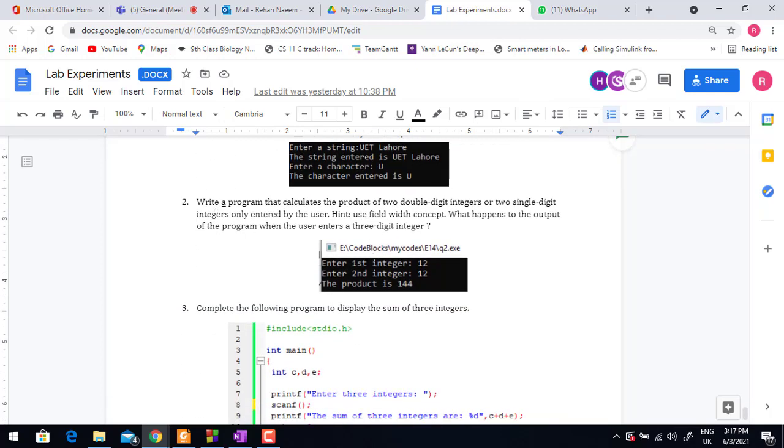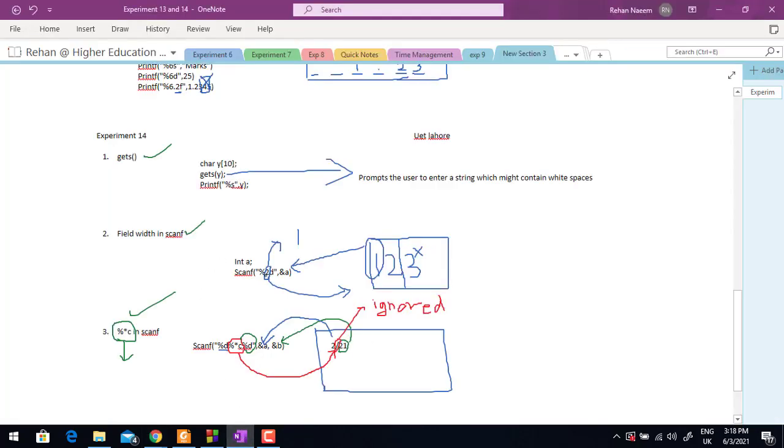In question number 2, you have to prompt the user to enter two double digit or single digit numbers, and then find the product and display the product at the output. So you have to use the concept of field width over here.